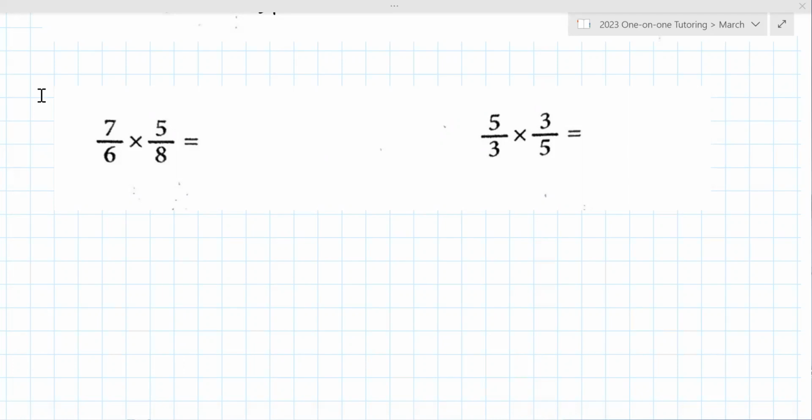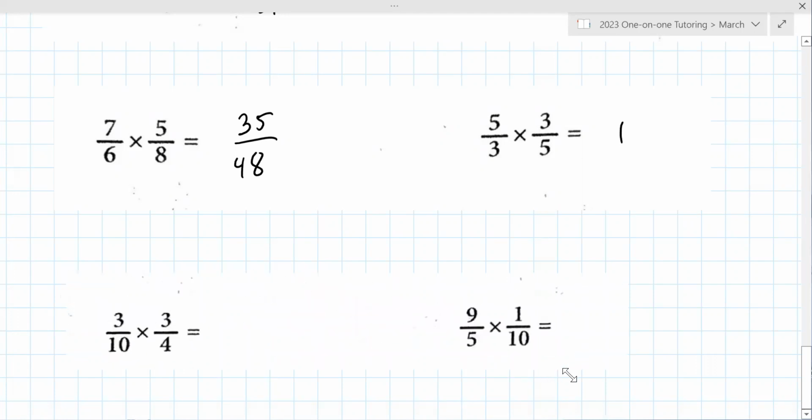It would be 35 40ths. 48, sorry, yeah. And the next one, the 3s and the 5s. So it would just be one whole? It is, yeah.